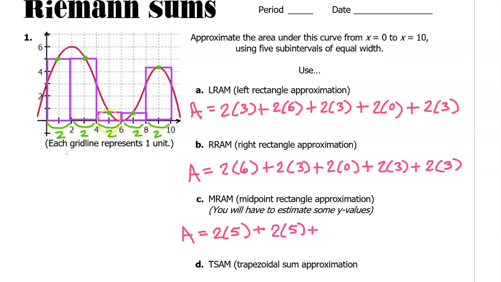All right, and then here's where I get a little uncomfortable because I really hate estimating like this, but this height seems to be maybe 0.7-ish. So I'm going to say 2 times 0.7. And then the fourth rectangle will be the same. Base times height is 2 times 0.7 again.